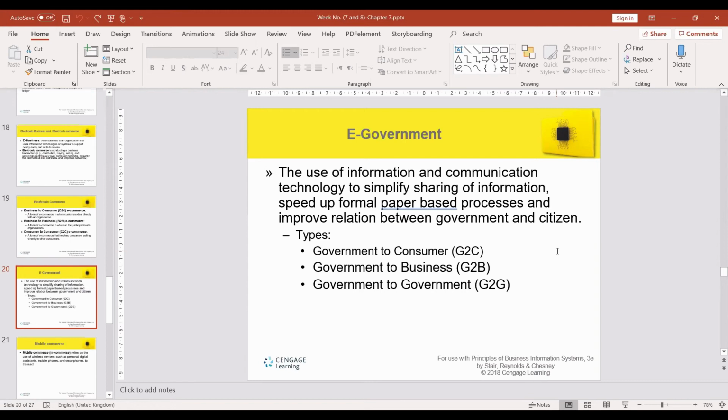Okay, so they are linked with each other. So the government is making information available for other government institutions. Okay. Did you get the point, guys? Yes, that's it.